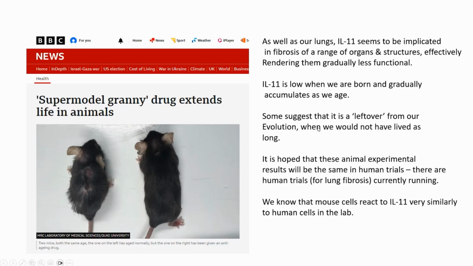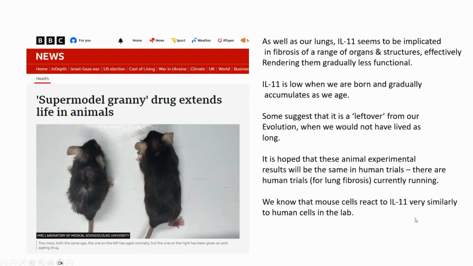We didn't used to live as long as we do, and we don't reproduce after a certain age, so there was no point in getting rid of IL-11. It was just delaying the amount of IL-11 we produce to a point where we would no longer have children. That seems to be what happens. We don't have much when we're born, and we get lots more by the time we get elderly.